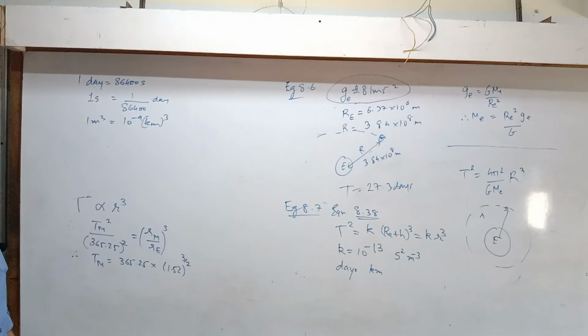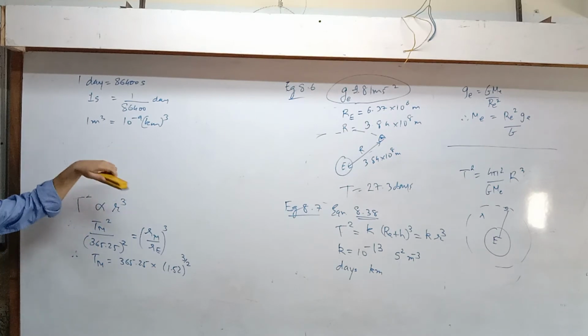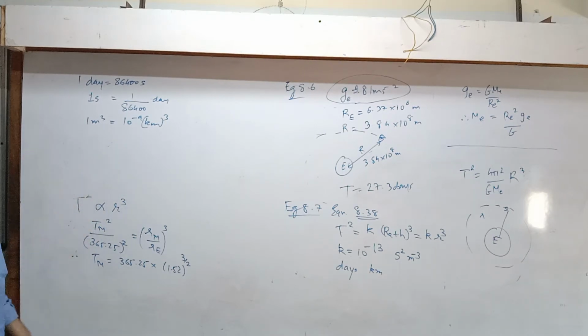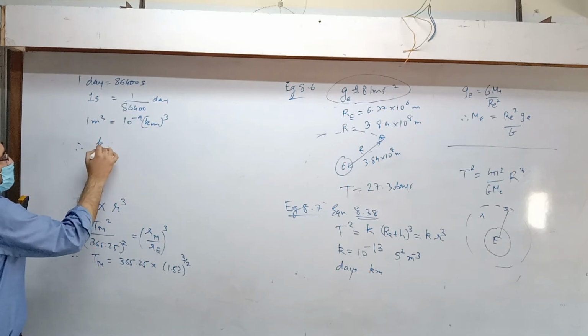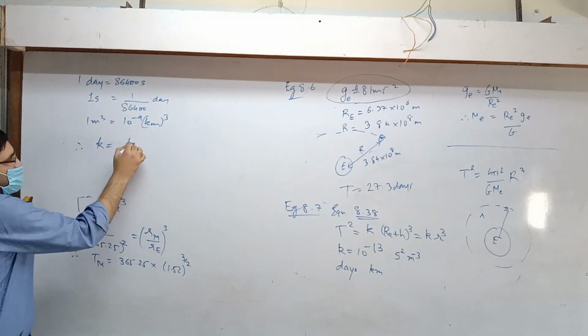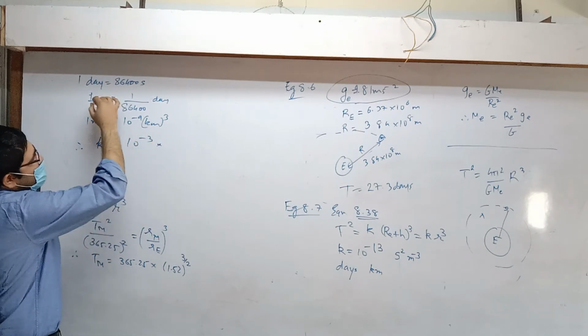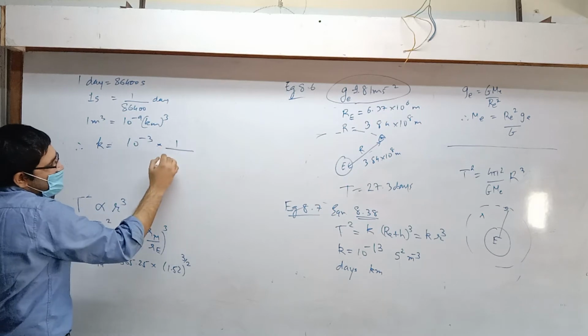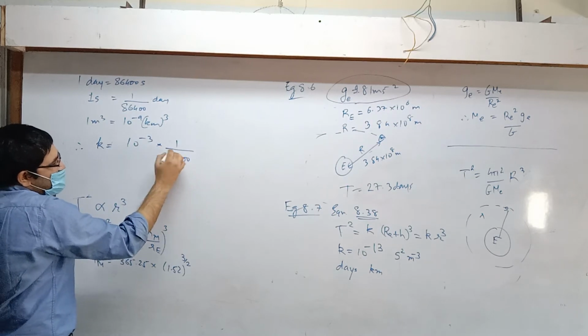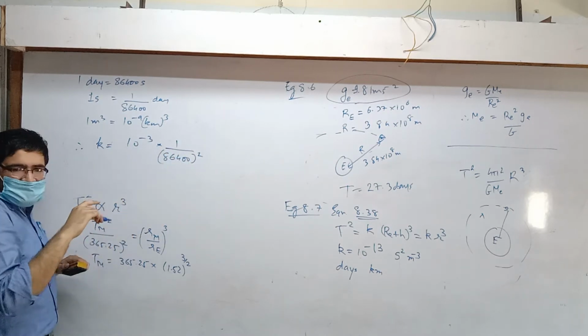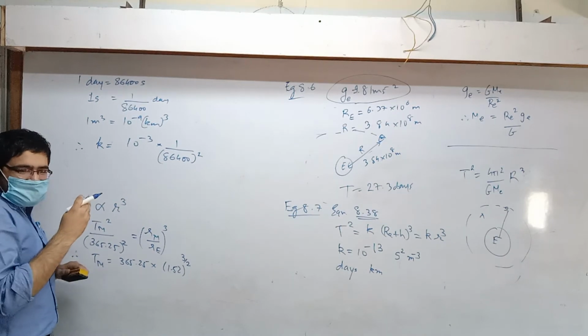Isn't it? Because 1 kilometer is 1000 meters. Therefore, k equals 10 raised to minus 13 into s square. Instead of s, we are going to write this, so 86400 square. Clear? Unit conversion.